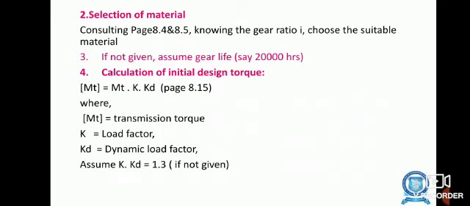Step 3, gear life. If the gear life is not given, assume 2000 hours. Step 4, calculation of initial design torque. Utilizing data book page number 8.15, design torque equals Mt into K into KD, where K is the load factor and KD is the dynamic load factor. Assume K into KD as 1.3.